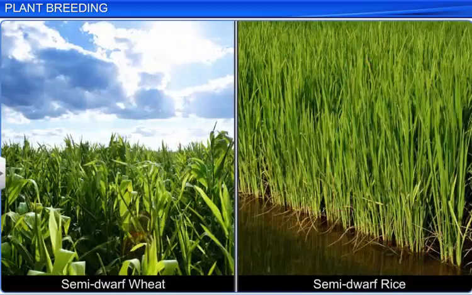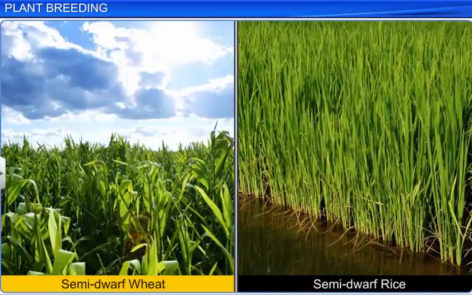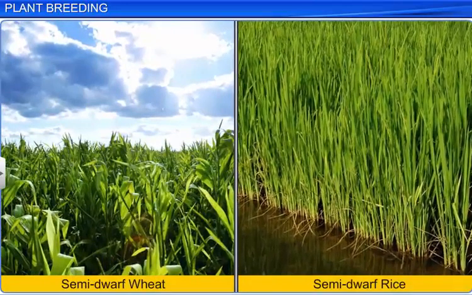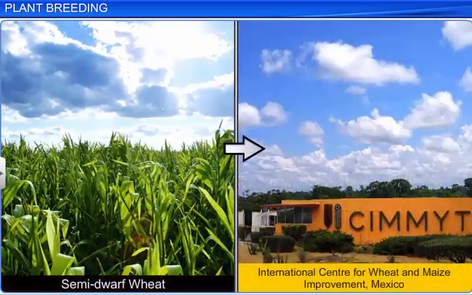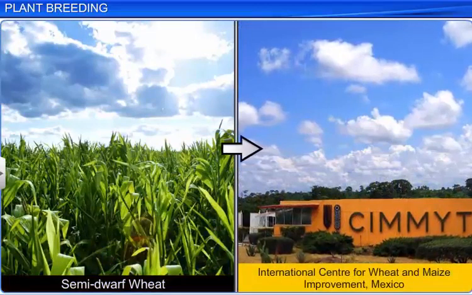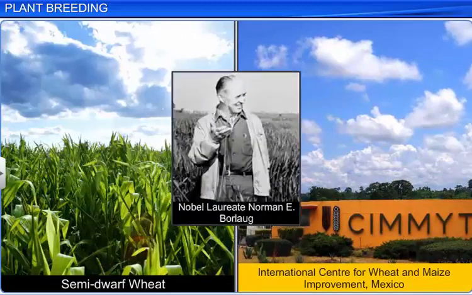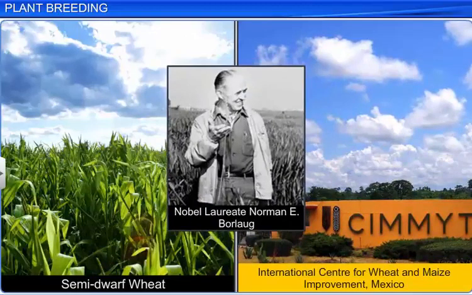The increase in production was credited to the semi-dwarf varieties of wheat and rice that were developed. The semi-dwarf wheat variety was first developed at the International Center for Wheat and Maize Improvement in Mexico by Nobel laureate Norman E. Borlaug.